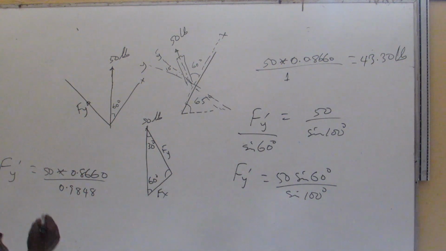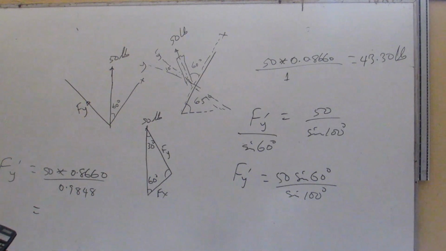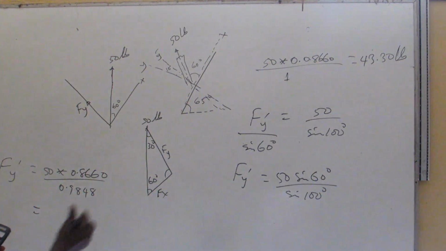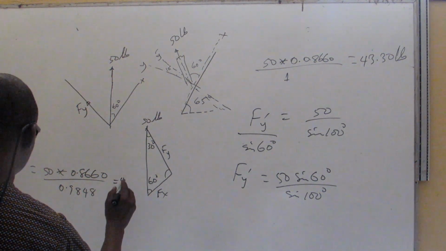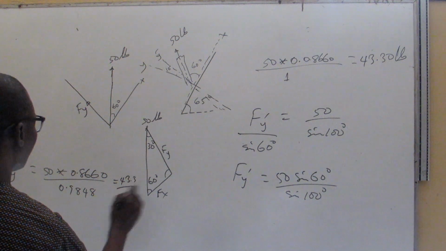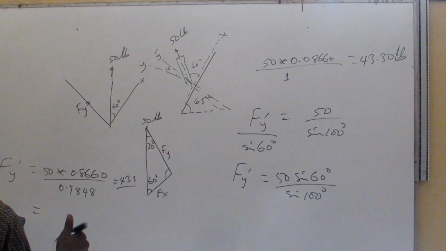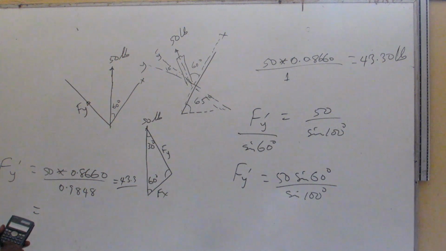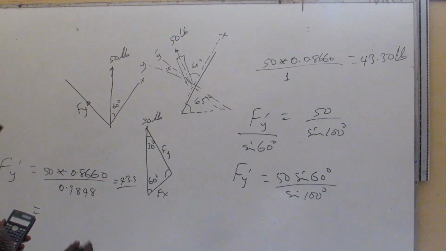Okay, so 50 multiplied by 0.866 is equal to 43.3, all over 0.9848.